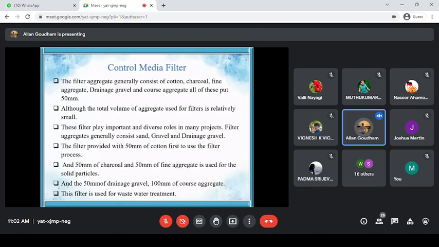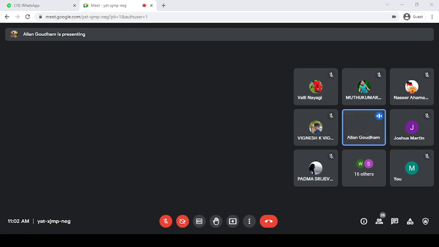Coming to the control media filter, for years of practice we have been using only the control media filter. If we refer to the old journals, we come to know that many earlier projects have used this control media filter.